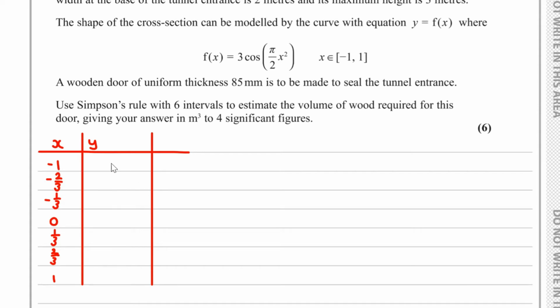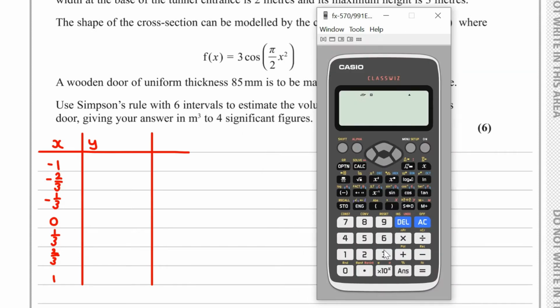And what we can now do is substitute into here to find the corresponding y values. So we have 3 times the cosine of pi/2 times x squared. Here we begin with -1 squared, so it turns out we get 0.